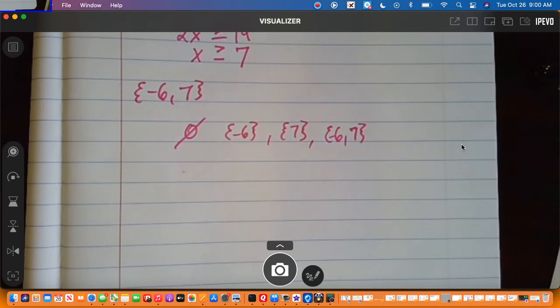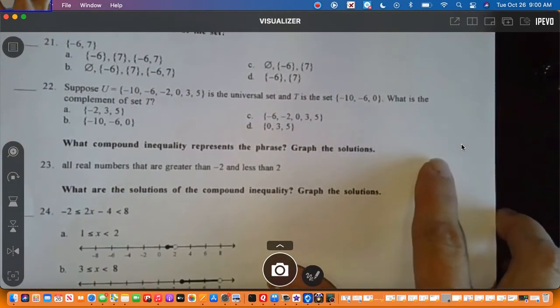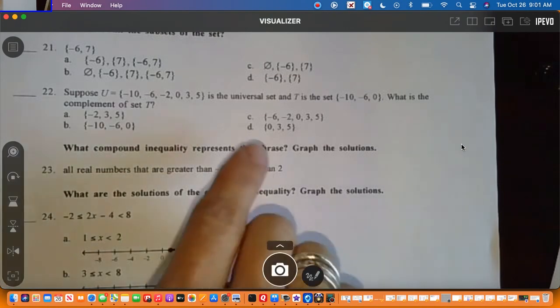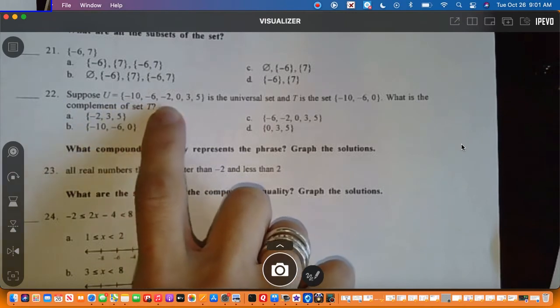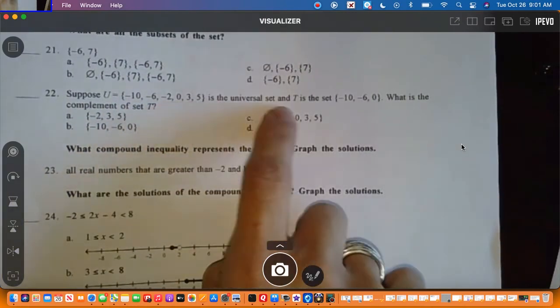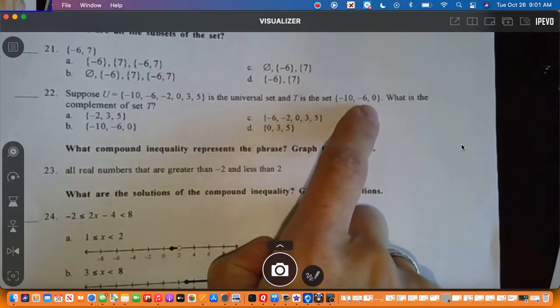Questions on that one? We're good? Okay, 22. You have to remember what the complement is. It means all the ones that were left out. They give you this entire set, called the universal set, and then they give you this set T. What is the complement of T? What are the ones that were left out?